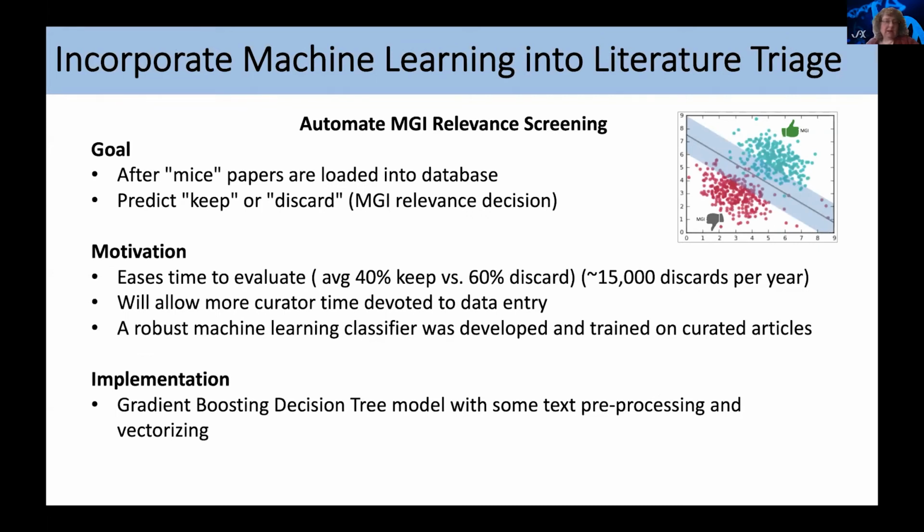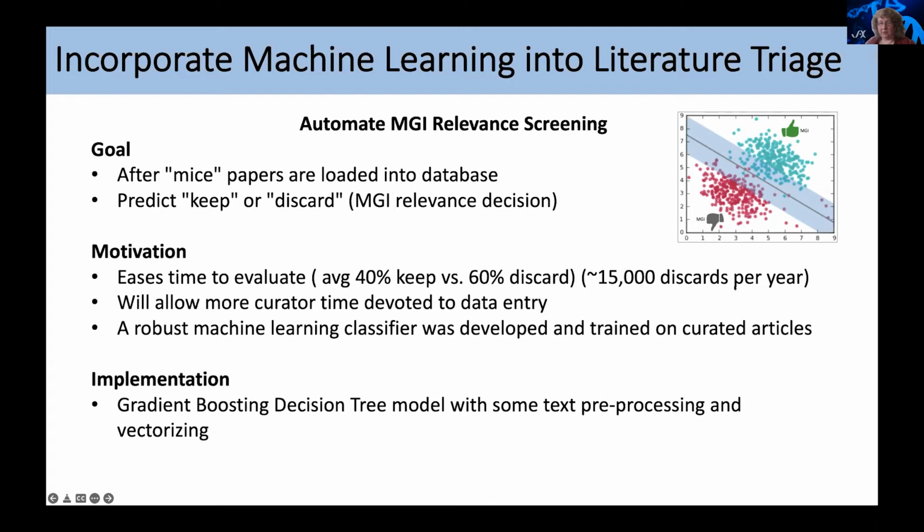So we then wanted to further incorporate machine learning into the literature triage for relevance. So after the mice papers are loaded into the database, we want to predict whether we want to keep or discard these papers, just the MGI relevance decision. The motivation was that it would ease time to evaluate all of these papers. Initially, we were discarding 15,000 papers a year.